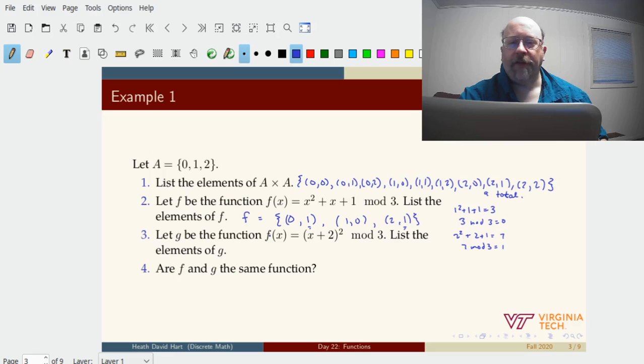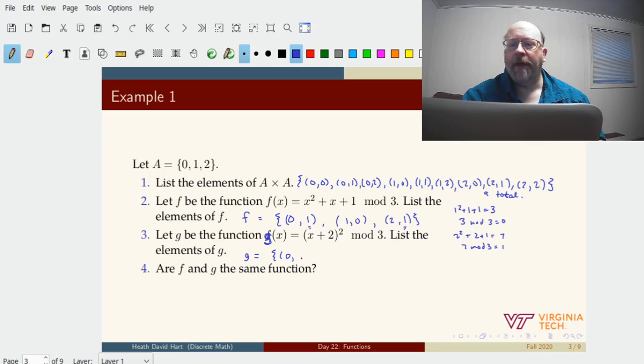So let's look at the third part. Let g be the function. This should be a g, obviously. g(x) is equal to (x plus 2) squared mod 3. Let's list the elements for this g. Okay? So we get g(0) is 0 plus 2 squared, which is 4.